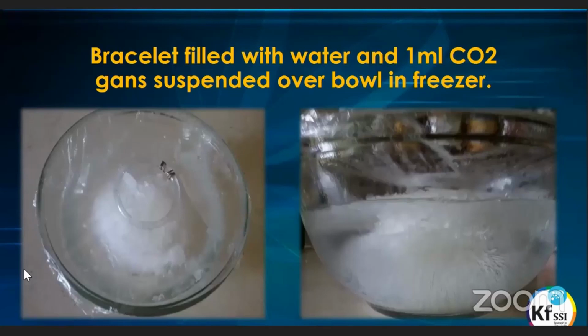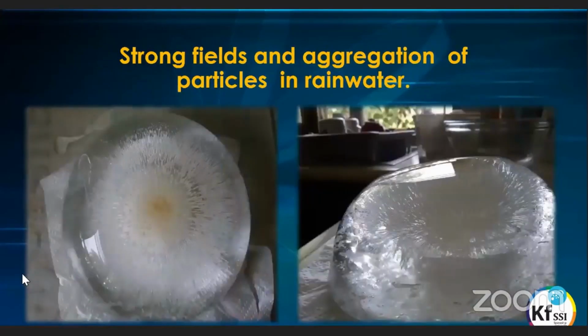And then we had placed that into the fridge, and it was in there for I think 2 or 3 days to freeze up. And now you can see the photograph on the left and the right, how these fields from that bracelet interact, and that ice has frozen those fields in time. So it's a great experiment for you to see.